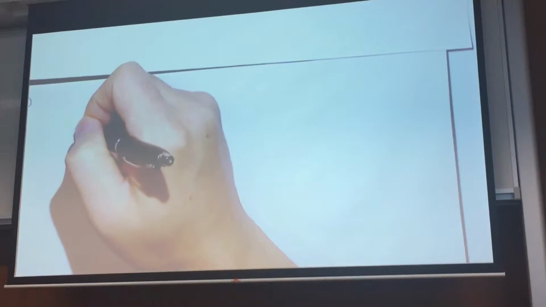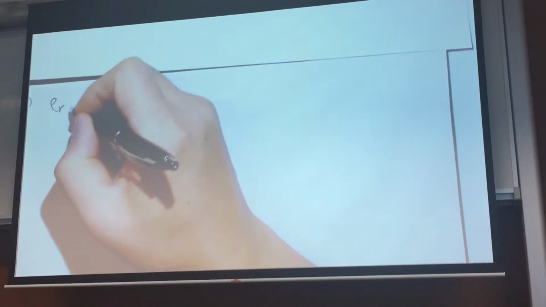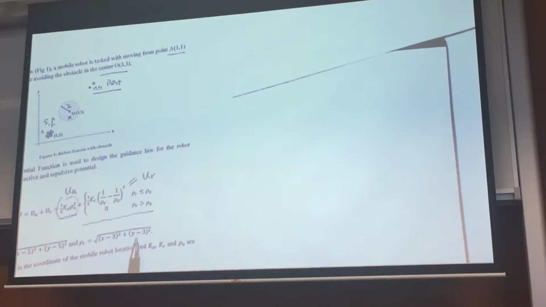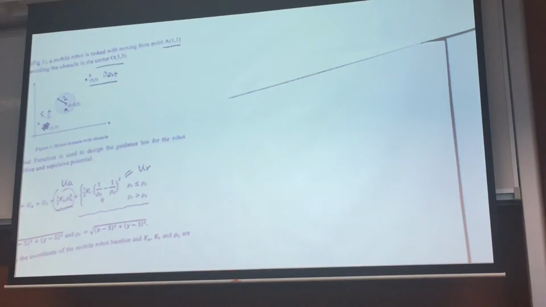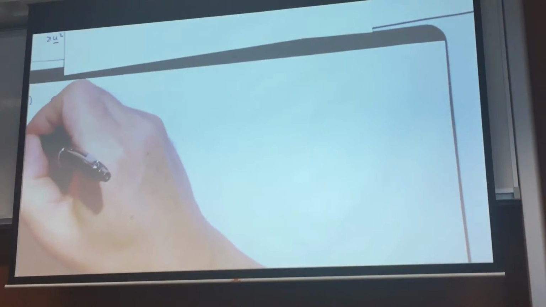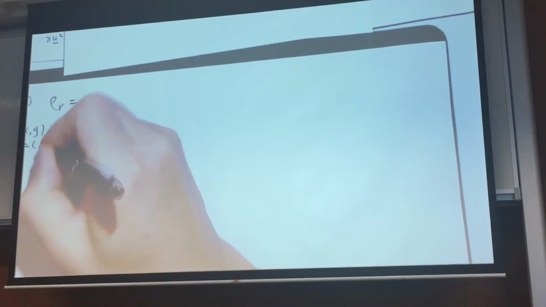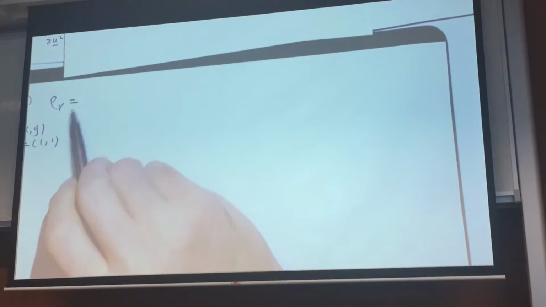For simple mathematics, you can test the distance. You can either show this idea by this plot, or you may test the distance between the vehicle and the center of the obstacle. The distance is defined by this rho r. This rho r is the distance between your vehicle and the center of the obstacle. For the first point, equal to 1, 1, you can test this rho r.